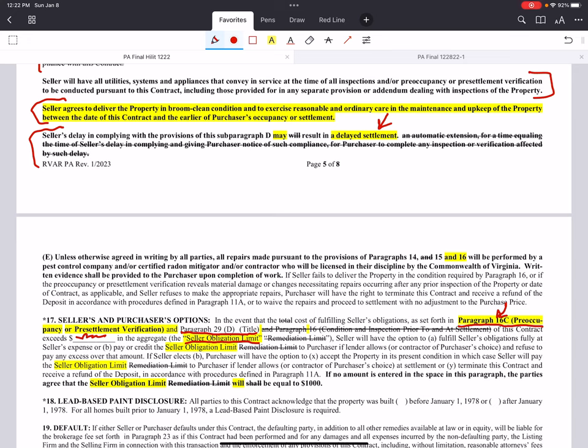It's a limit to the seller's obligations to repair those walkthrough verification items, and then also repair the title if in fact it needs to be repaired. So we just renamed in paragraph 17, got away from remediation limit and renamed it to seller obligation limit. So that wraps up paragraph 16 and 17.